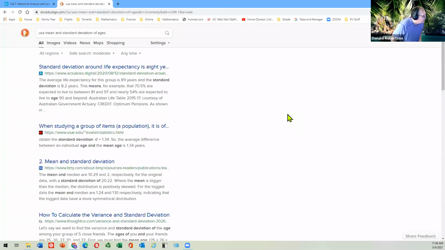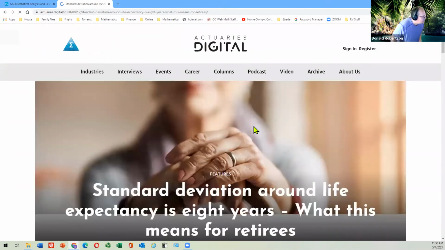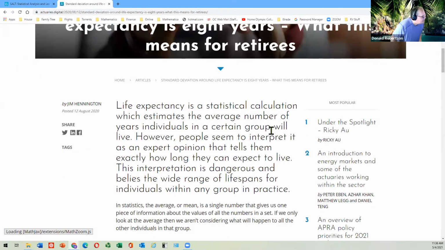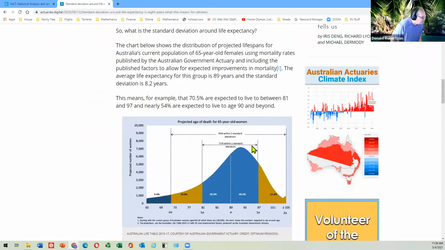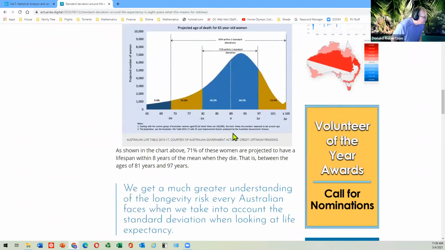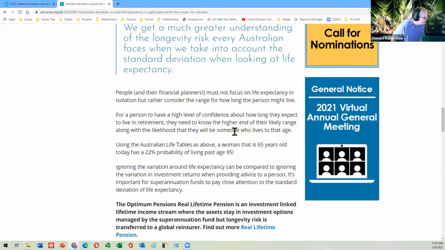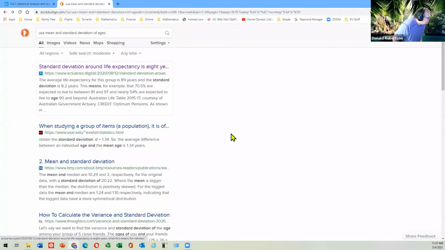Here we are. The average life expectancy for this group is 89. The standard deviation would be 2. I better check that that's American. Oh, look, they're doing a kind of normal distribution. That's interesting. Uh-oh, it's Australia. Not interested in Australia.